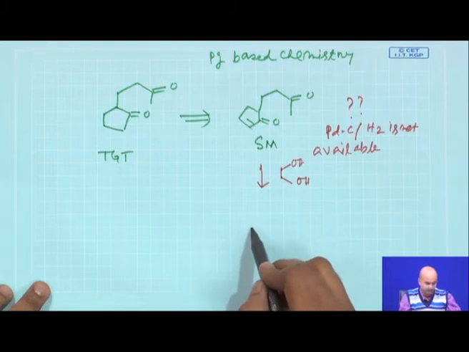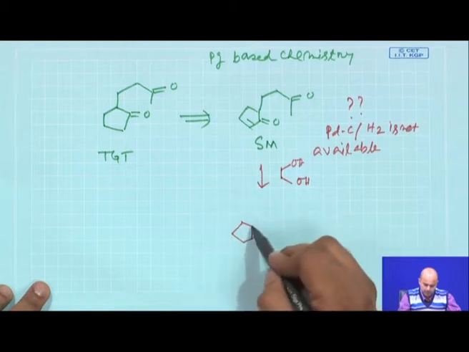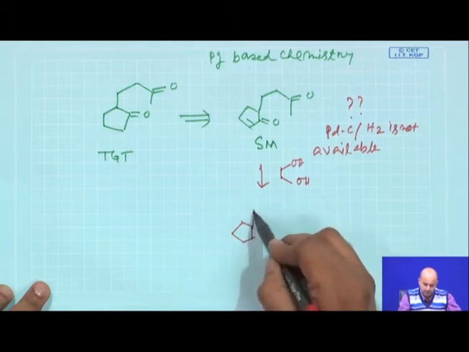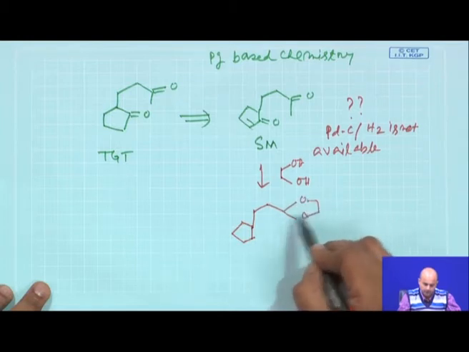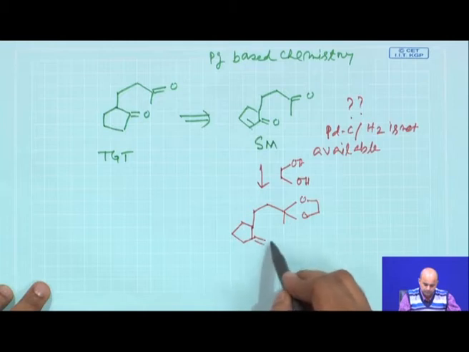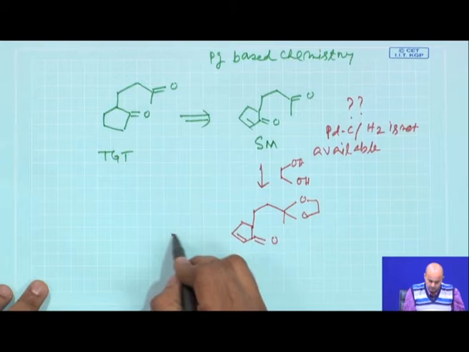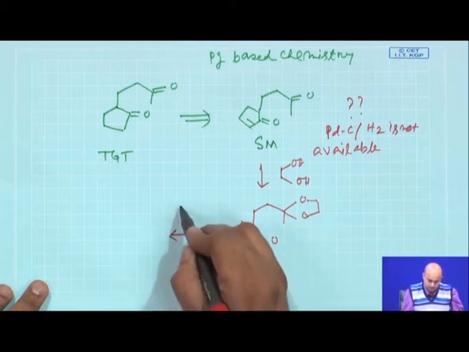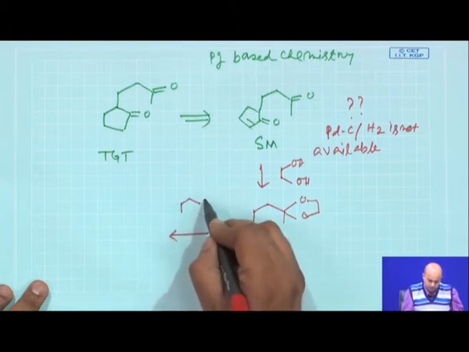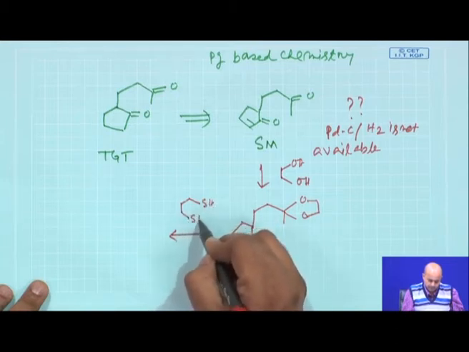This reagent is basically 1,3-dithiane, which we earlier explained. Now this ketone is still there, this alpha beta unsaturated ketone you now need to protect with the corresponding 1,3-dithiane.